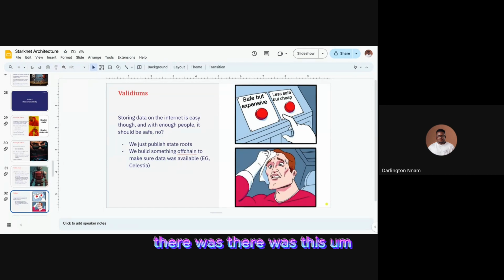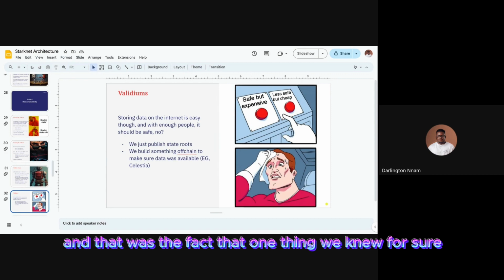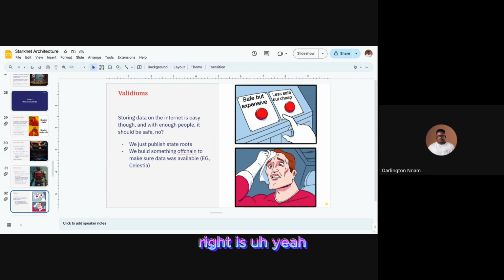But there was a talk held in one of the Starknet CCs, and the fact is that one thing we know for sure is that EIP-4844 is a shared resource.